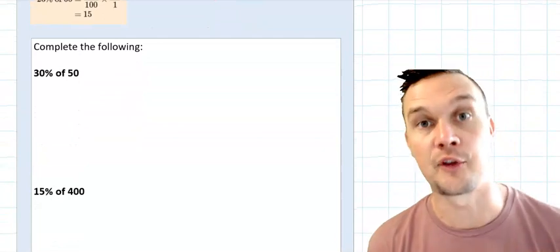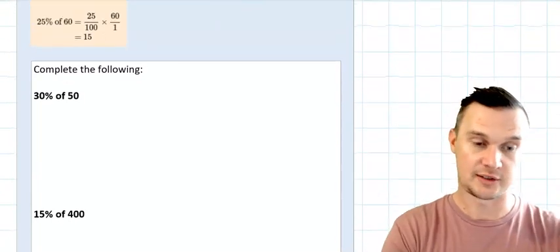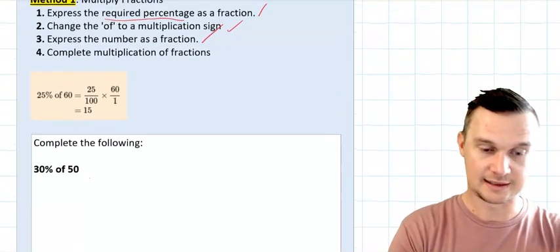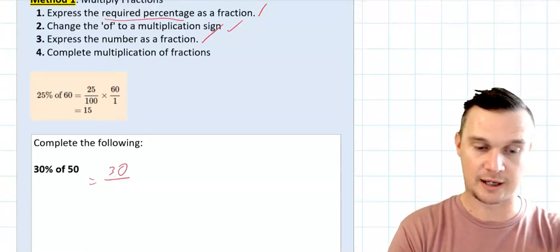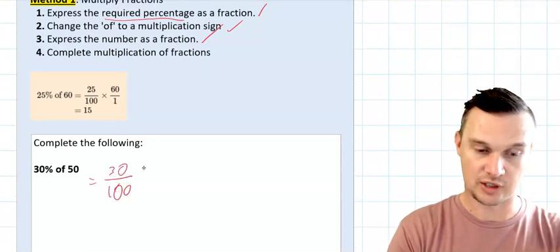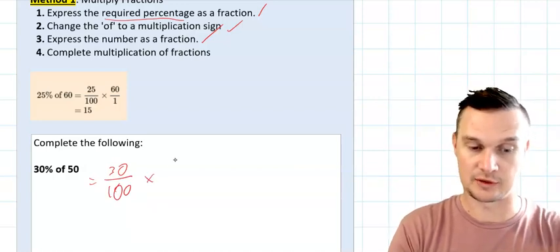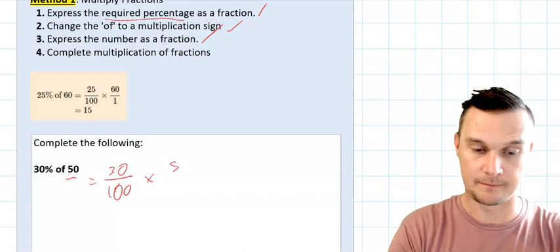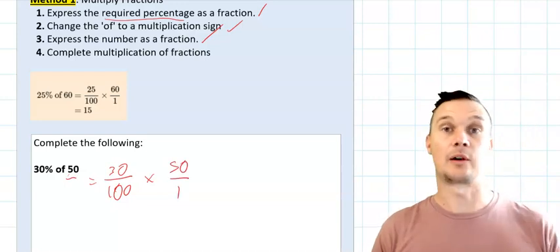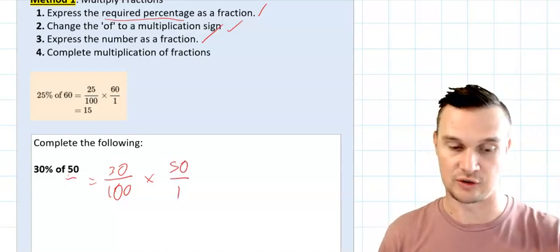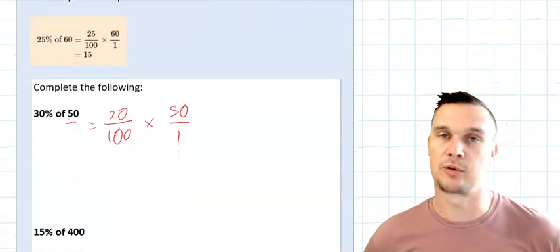I want to find out what 30% of 50 is. Step 1, as it says, is let's express it as 30 over 100. I'm going to change the of to times, and change the whole number, the 50, to a fraction, and now I can simply do the multiplication. So 30 over 100 multiplied by 50 over 1.